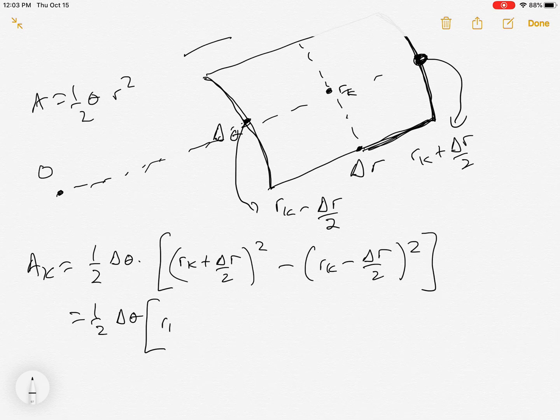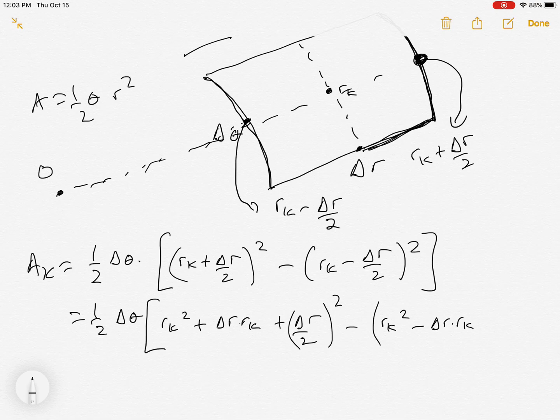We have r sub k squared plus delta r r sub k plus delta r over 2 squared, minus r sub k squared minus delta r r sub k plus delta r over 2 squared.